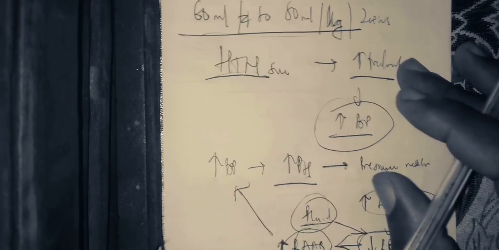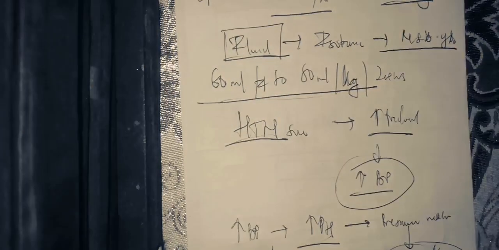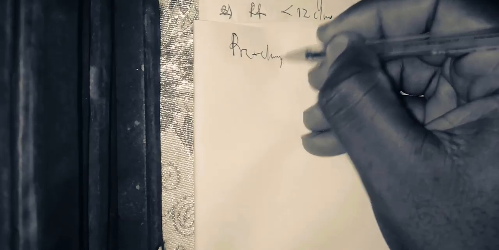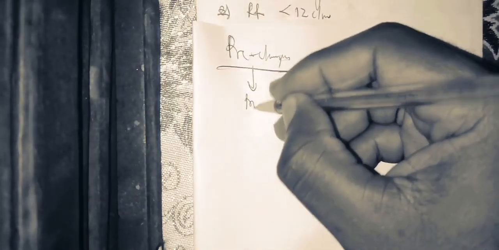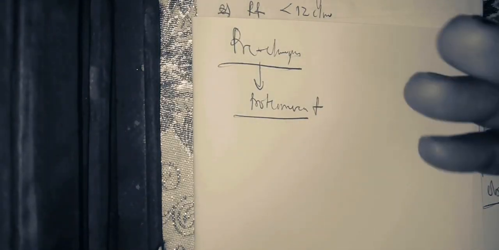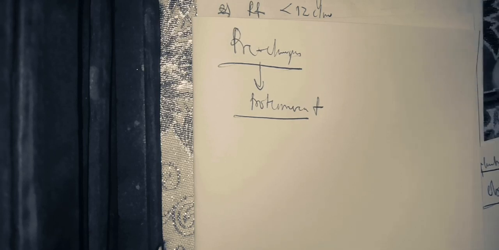Now the second reason why you give fluid to the patient is that, as I've also spoken about, a patient with pre-eclampsia also has proteinuria. Is it clear? With proteinuria, we have loss of fluid volume from the blood vessels. The blood vessel fluid was mostly made up of proteins.